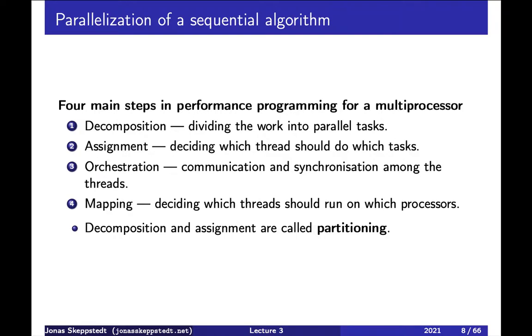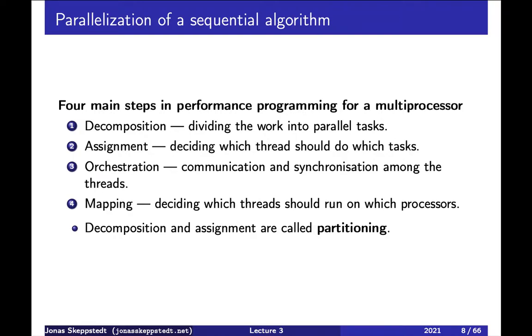So we identify the parallel tasks, and the next thing to do is to assign these tasks to threads. It means saying which thread should do which task, and that can be done in different ways. Now we come to the third step: orchestration. That means managing all the communication, all the synchronization, and knowing which one computes what.